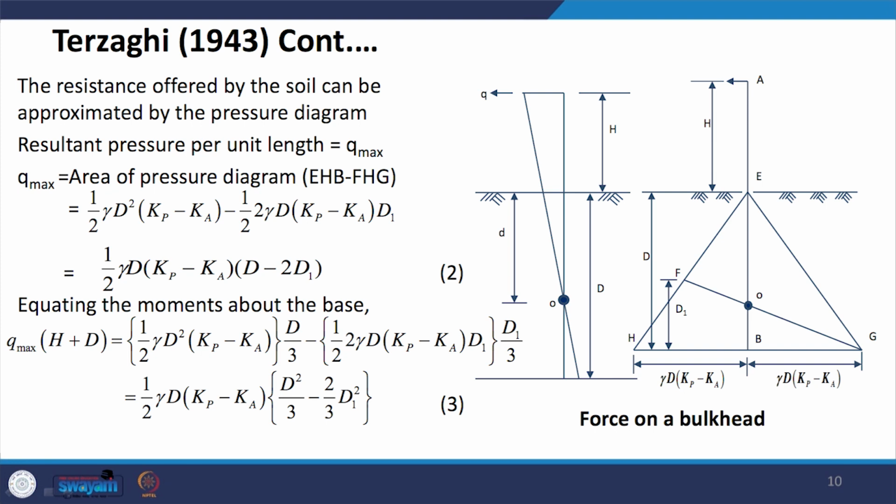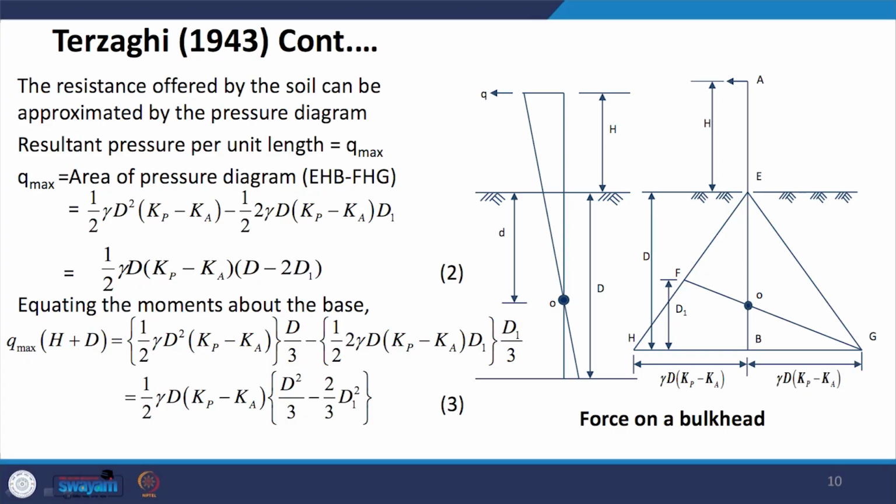You keep increasing the value of Q. As Q increases, the bulkhead will try to rotate, and Q will reach a maximum value, called Qmax. Qmax is the value at which it fails, and we need to determine that value. For determining this value, we need to consider both force and moment equilibrium.